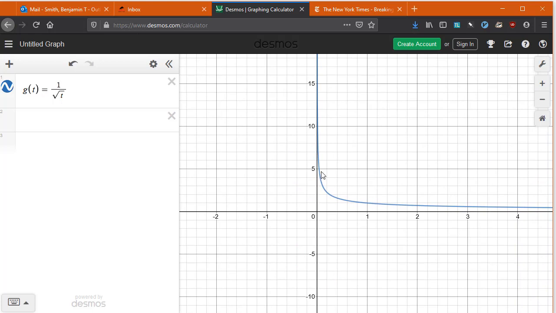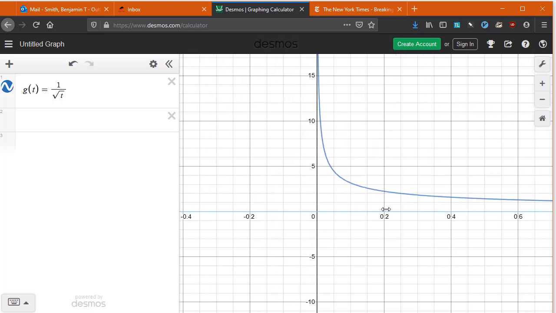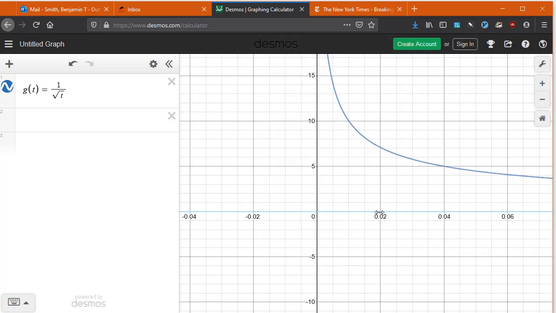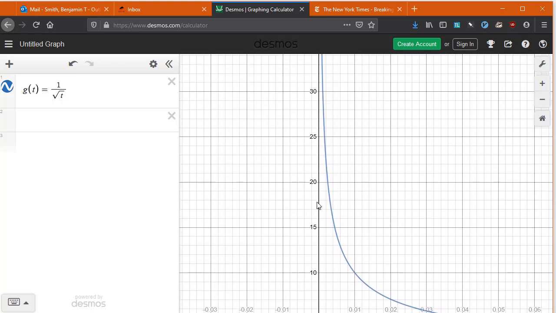You can see if t is any positive number out here, you'll get a result for the output, a y coordinate. But if t is close to 0, something like 0.2 or 0.1 or 0.05, the outputs get bigger and bigger.